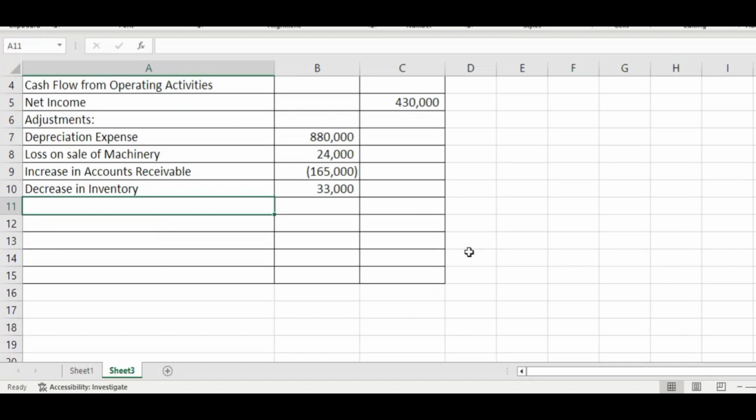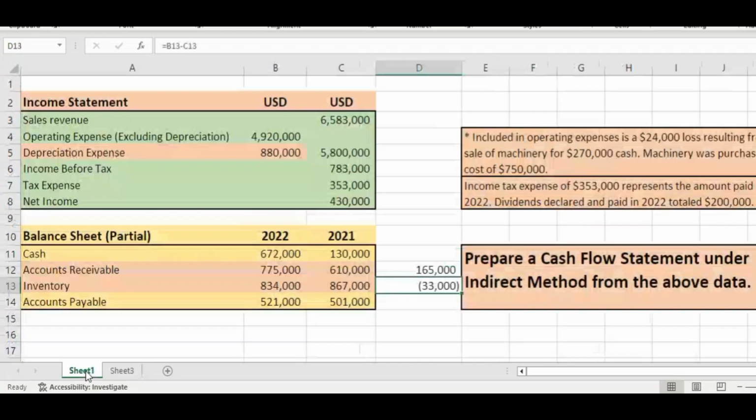Then accounts payable, increase in accounts payable. In the financial year 2021 the accounts payable were 501,000, and in 2022 521,000, that is a 20,000 increase.